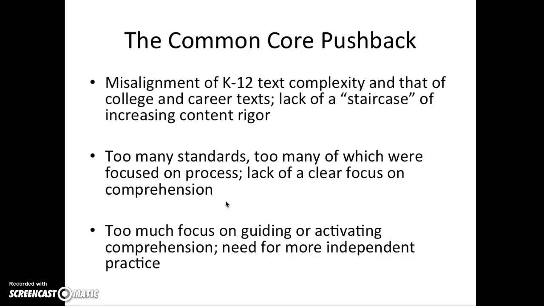And when you read Appendix A, you'll see they note that there was this text complexity difference between college and K-12 texts, so much so that people were coming in needing so much remedial support because they didn't have access to these pieces. And there also wasn't a staircase building students' capacity to read complex text.